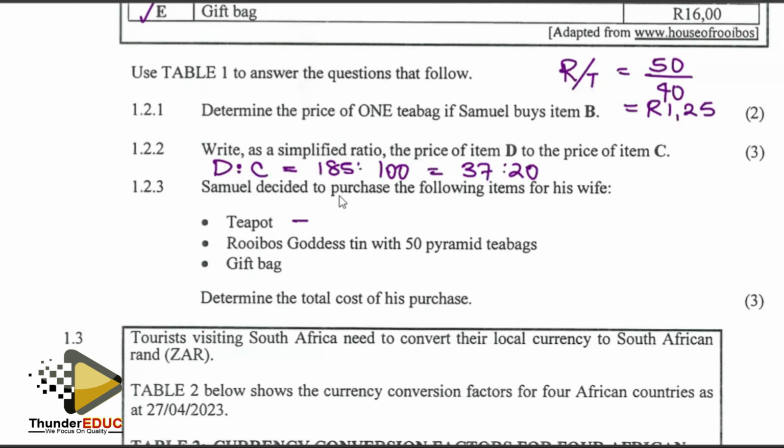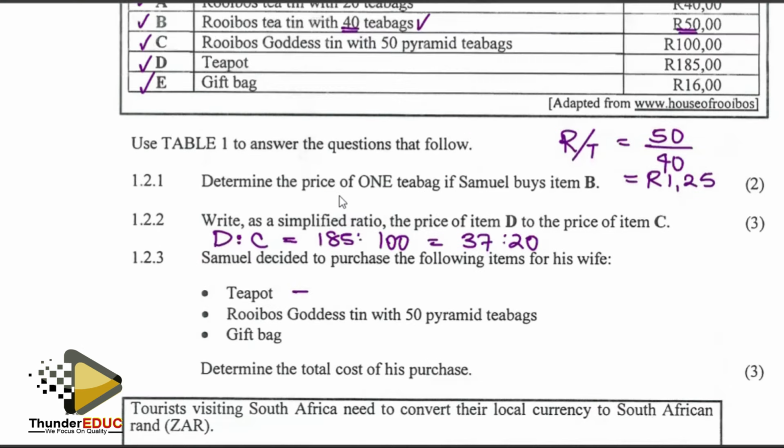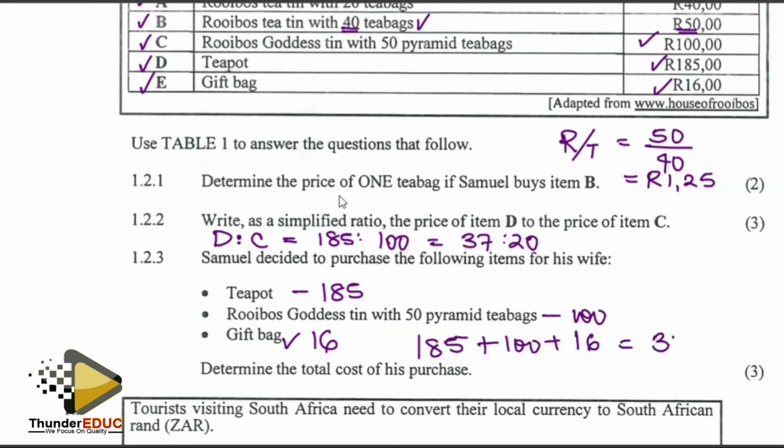It was 185, plus the pyramid tea bags, which is at 100, and the gift bag, which is at 16 rand. When you add this all, we have 185 plus 100 plus 16, and you have the answer 301.